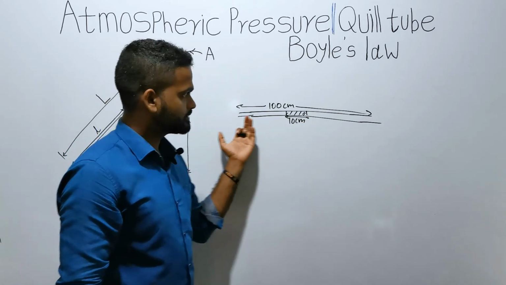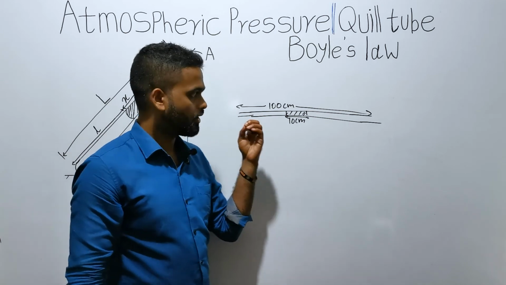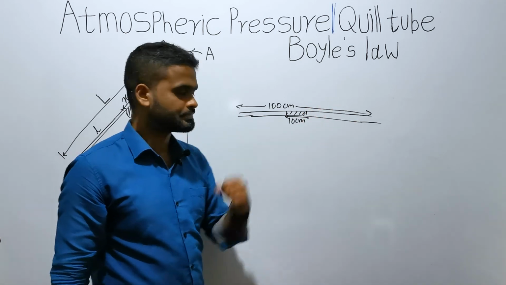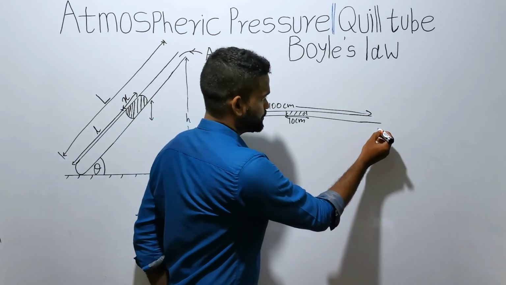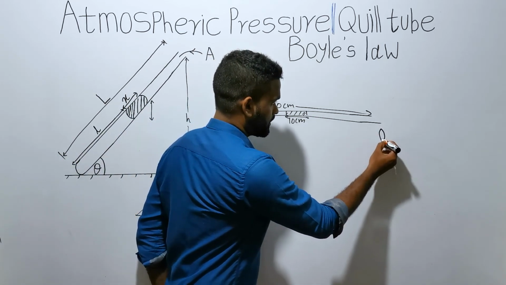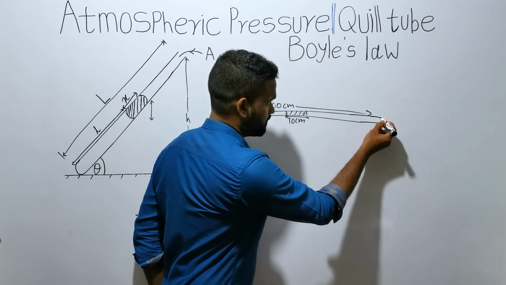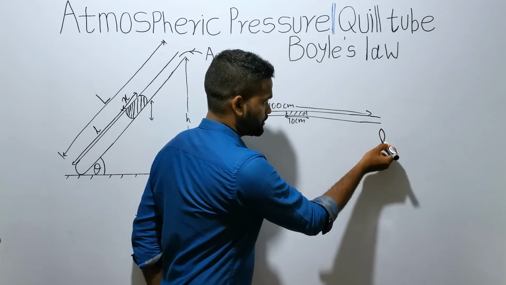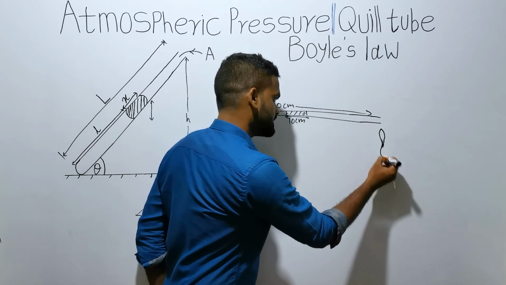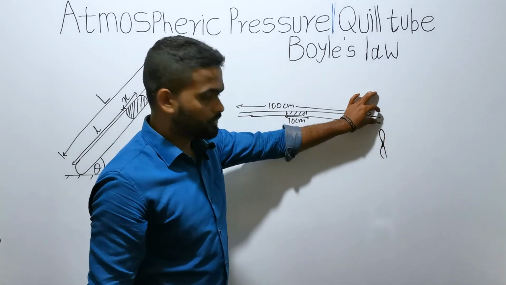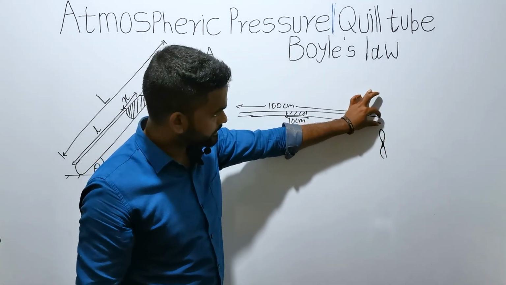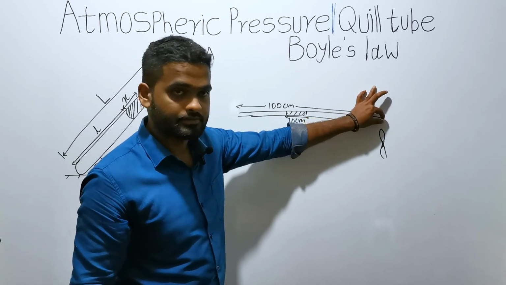Now both ends are open, so you have to close one end. To close one end, you need to submit this end to a Bunsen burner. Then this glass gets liquefied and closes this end.